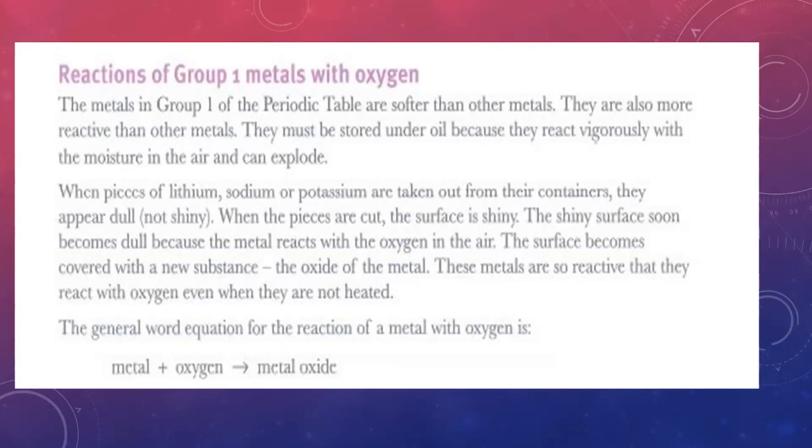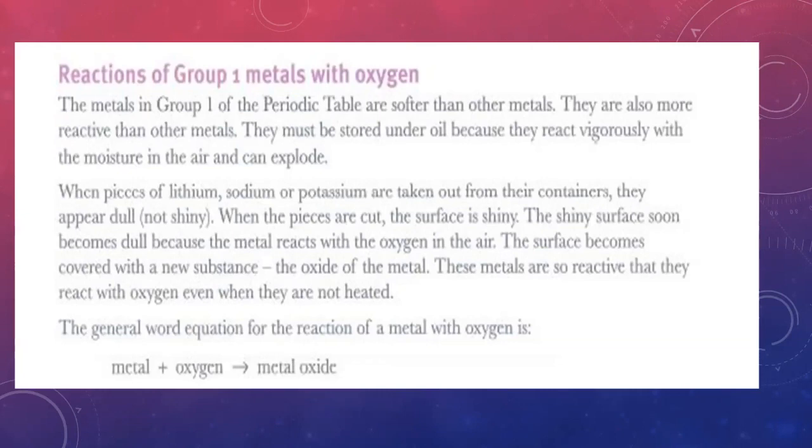When a piece of lithium, sodium, or potassium is taken out from its container, it appears dull, not shiny. When the pieces are cut, the surface is shiny. The shiny surface soon becomes dull.